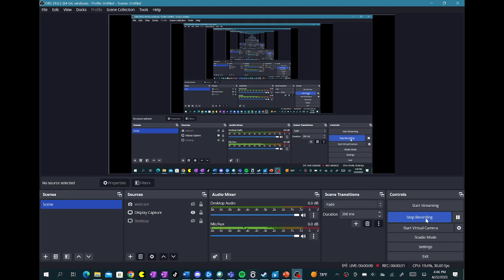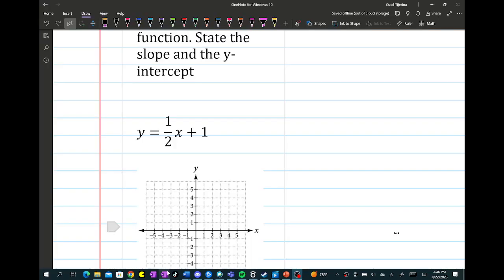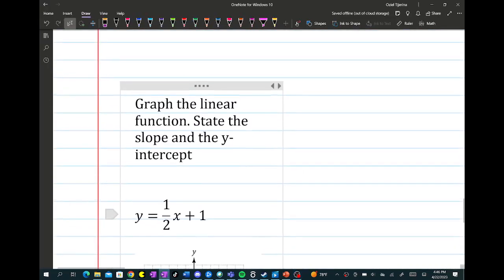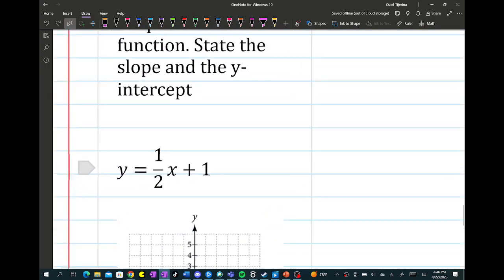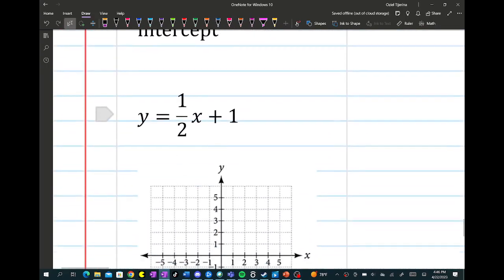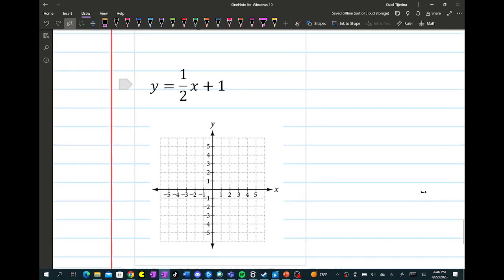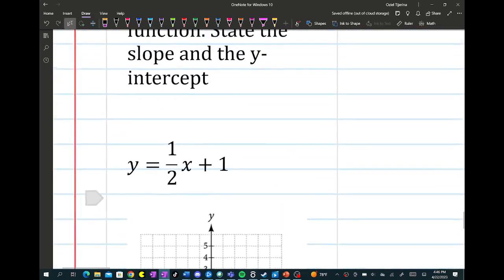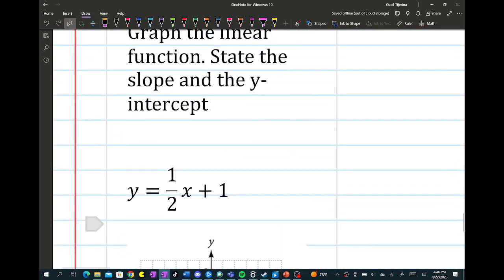So basically, in the last example, we went over one where the slope was negative. And this is yet another example where this time we have a linear equation, but it is with a fraction, right?